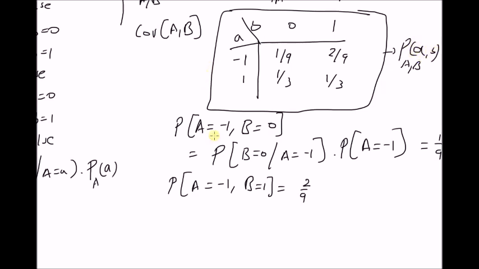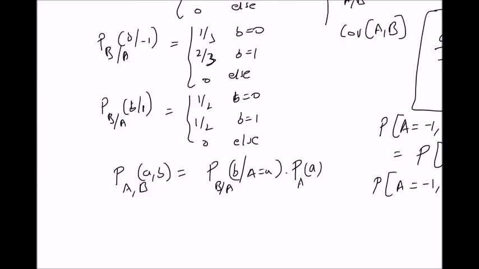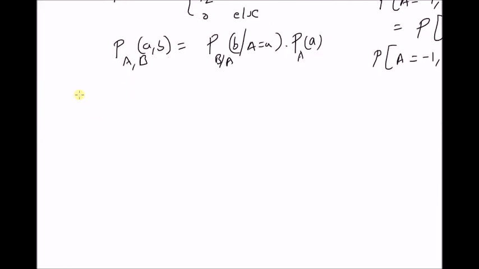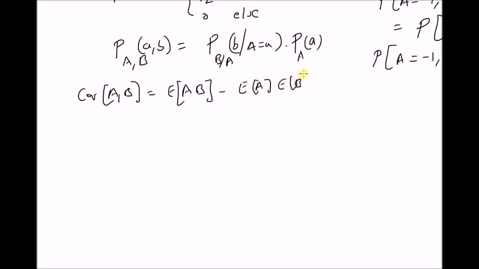Next, we want to calculate the covariance of the random variables A and B, that is covariance of A comma B, which is by definition equal to the expectation of AB, the correlation function, minus the product of the expectations of A and B. By definition, the expectation of AB is the summation over all values of A and B of the product A times B times the joint probability mass function.